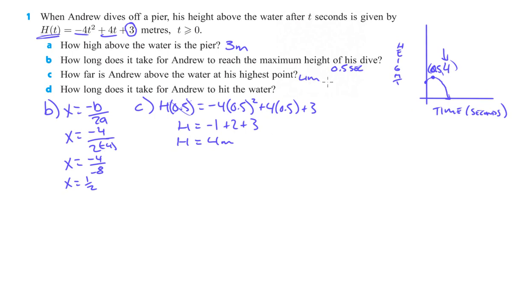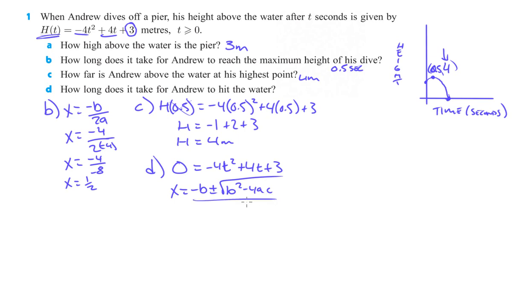Okay, 4 meters. And then how long does it take for Andrew to hit the water? That is when his height is back at 0. So for part D, we want to know when 0 equals negative 4t squared plus 4t plus 3. We could try to factor this, and it might actually factor, but for a lot of these the factoring isn't going to work, so I'm just going to plug this into the quadratic formula: x equals negative b plus or minus the square root of b squared minus 4ac, all over 2a.